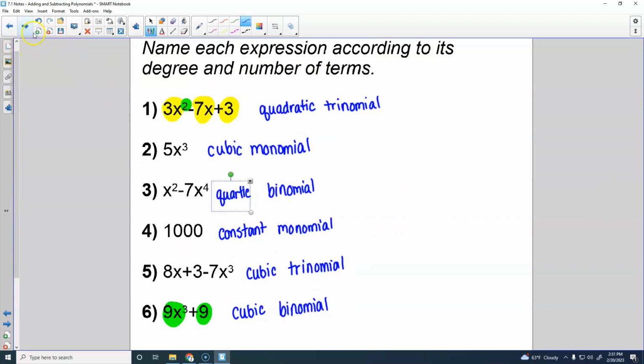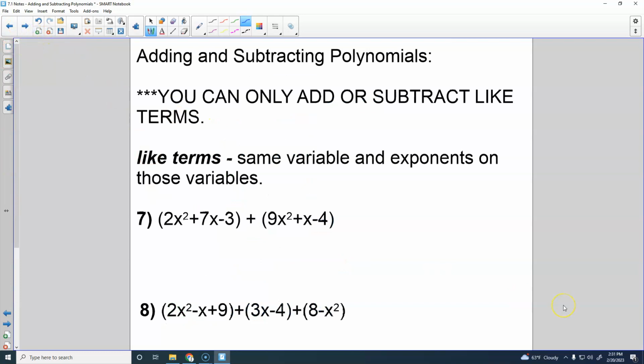All right, so we are going to talk today about adding and subtracting polynomials. Okay? You can only add or subtract like terms. We already kind of know this because when we were solving equations, if we had a 2x and a 7, we could not add those together, right? Because the 2x had an x and the 7 did not.